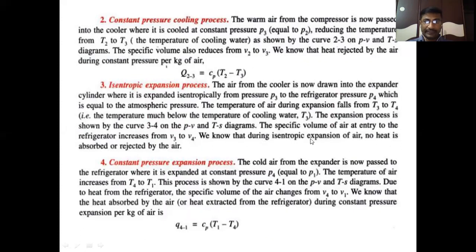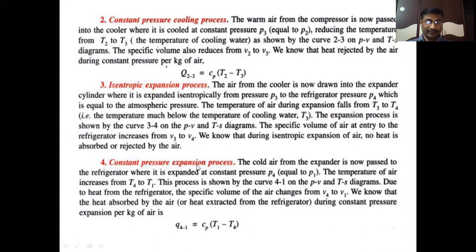We know that during isentropic expansion of air, no heat is absorbed or rejected by the air. Again, during this process also, the heat transfer is zero. There is no heat transfer across the boundary of the system.